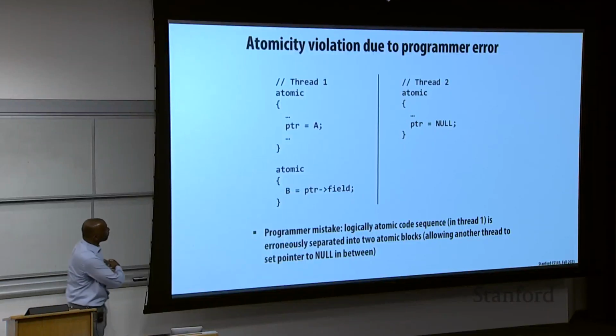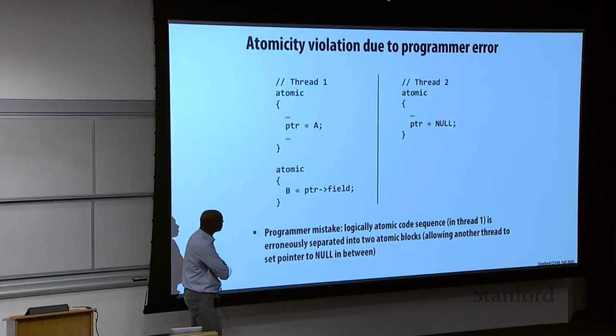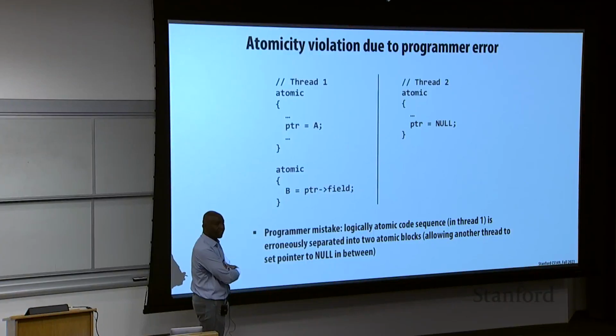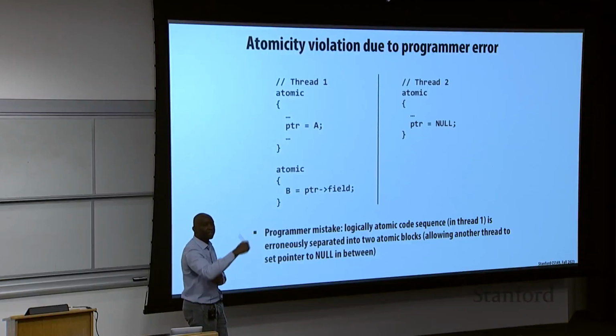What's wrong with this code? Yeah. You don't know the order in which the three atomics will run, and so if the pointer gets set to null after the pointer is set to A, then the last atomic will not work, where we say B. So what might happen?